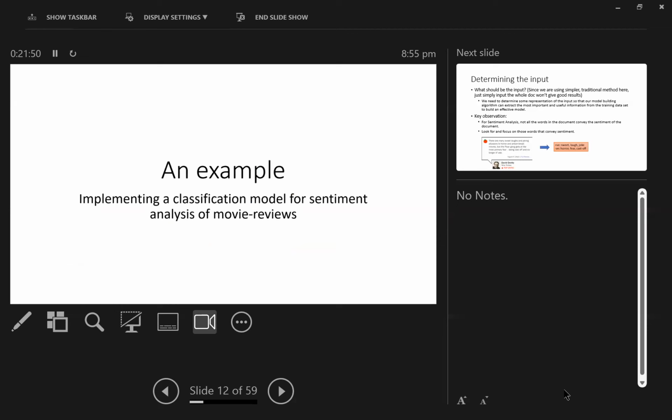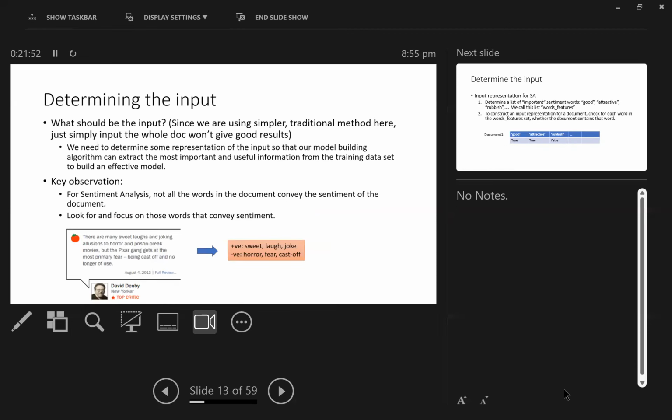Okay, so how to do that? The most important thing is that there are two ways. One way is to look at the whole document.